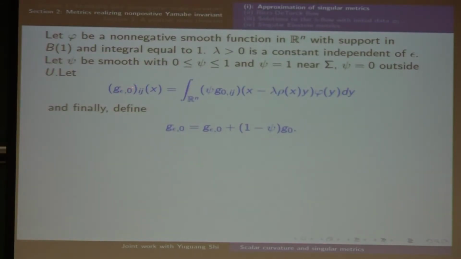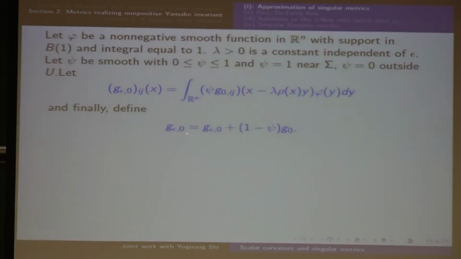So G epsilon 0, ij as a function is defined in this way. Psi is a cutoff function, this is a nice function, and then x minus y. If rho of x is just a constant, it's just the ordinary modification. So here we use rho of x. I think this idea just comes from Mel, at least as far as I know.